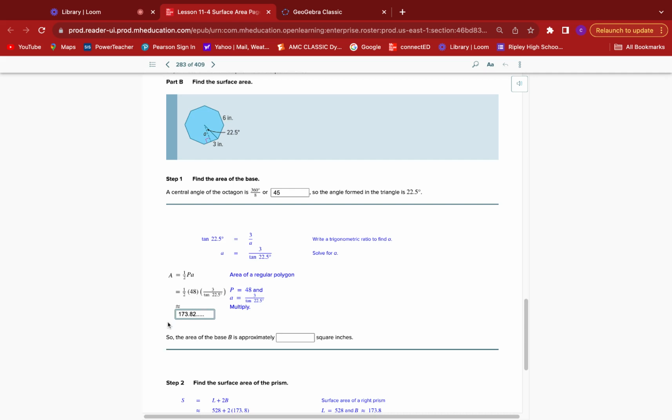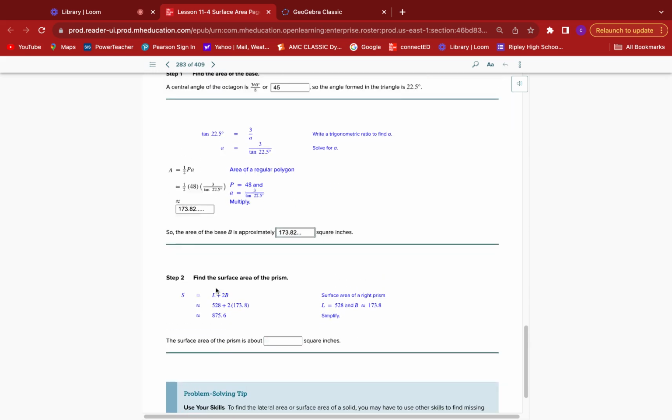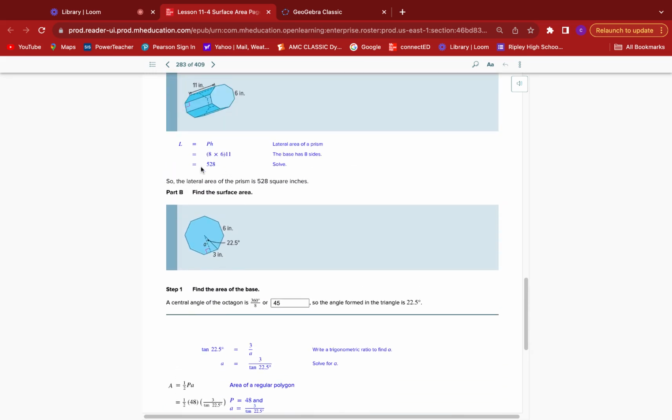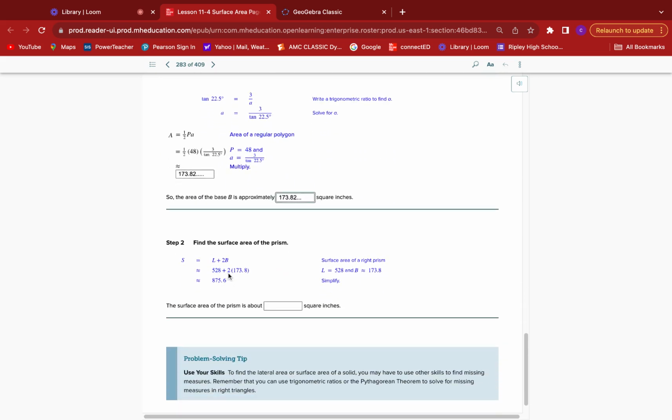Now, this is the area of one base. Remember, there are 2 bases to this prism. So you're going to take your 528. If you're wondering where that came from, that is your lateral area. You're going to add 2 of the 173.8, because this 173.8 is the area of the base at the top and at the bottom.